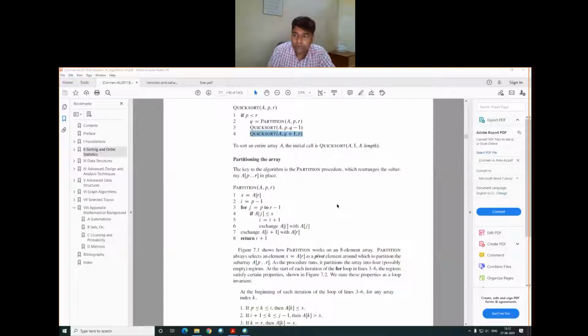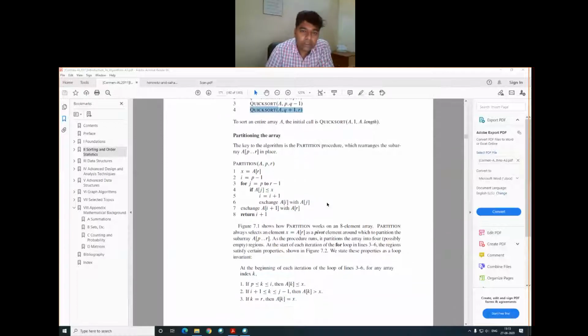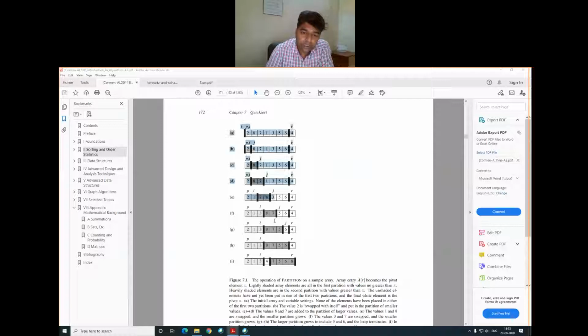Next we will see how we can compute the complexity of this algorithm. And this example is also clear to all of you, how the partition algorithm places the pivot point at its actual position in every iteration. Okay, clear?